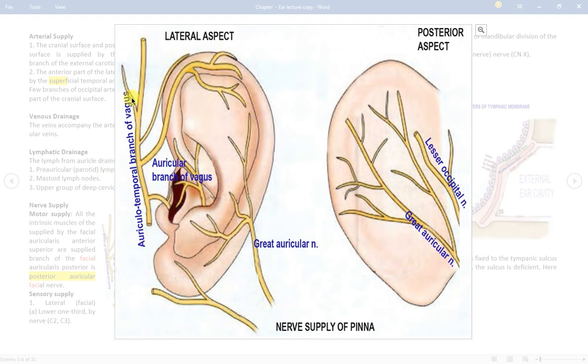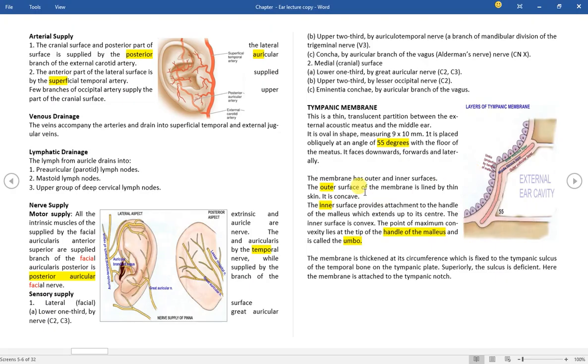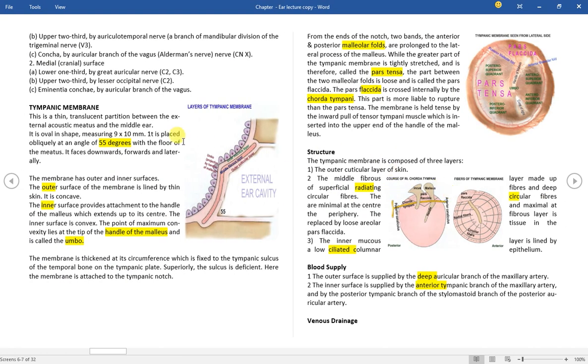This auriculotemporal branch is also known as Arnold's nerve or Alderman's nerve. The description is given in the text. Now we will see the tympanic membrane in another video.